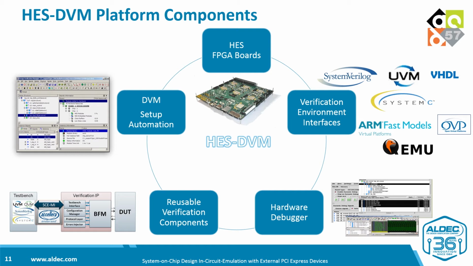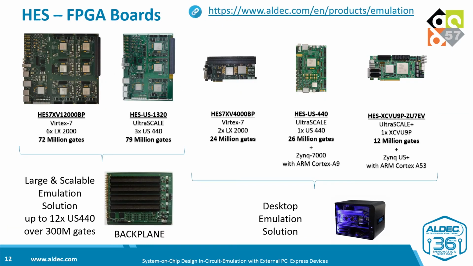Reusable verification components contain a library of commonly used transactors and monitors like AMBA AXI, USB, or PCI Express. And last but not least, Hardware Debugger provides comprehensive debugging features to improve productivity while debugging corner cases that are detected during the emulation.